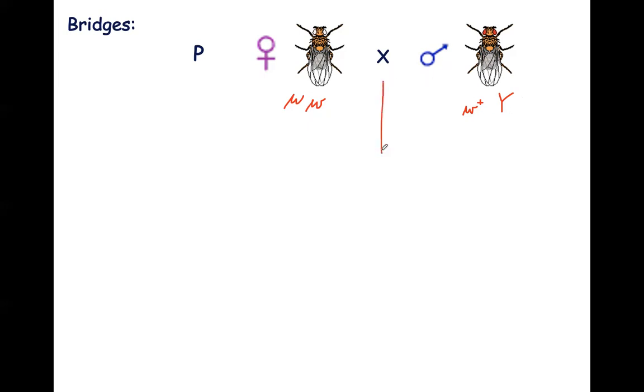If you cross these, what you would get is W plus W, and this is going to be a red female. And you're going to get W plus, then you're going to get WY. And that's going to be a white male.